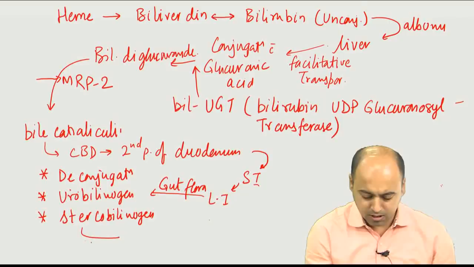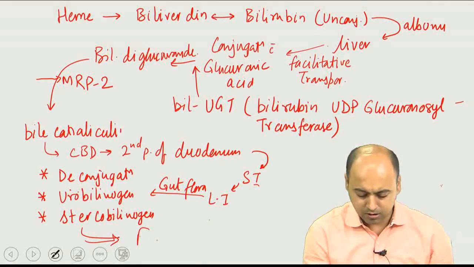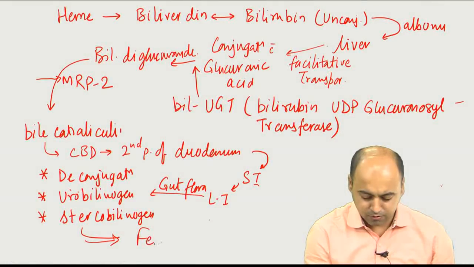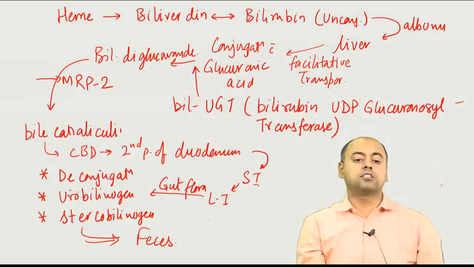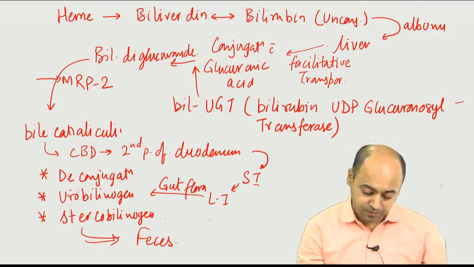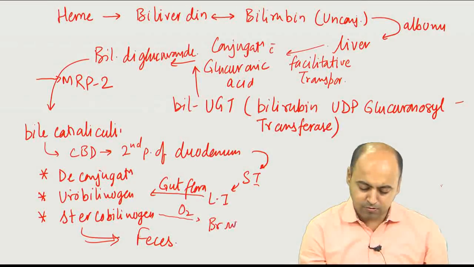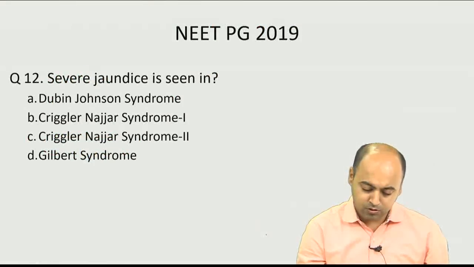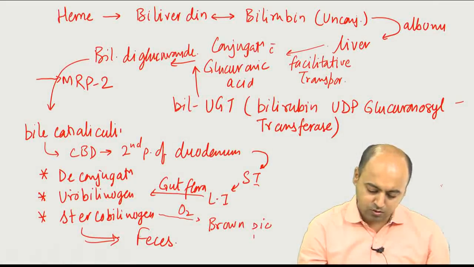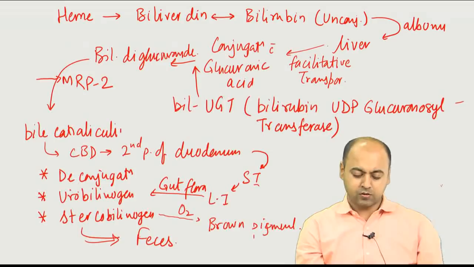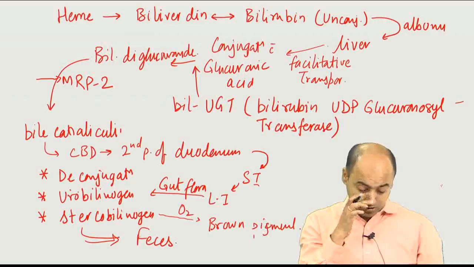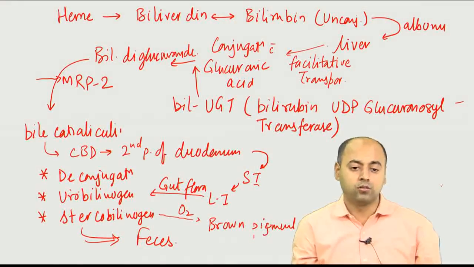After this, they are excreted in the feces. The stercobilinogen, on getting exposed to oxygen, forms the brown pigment, which is responsible for the color of the stool.